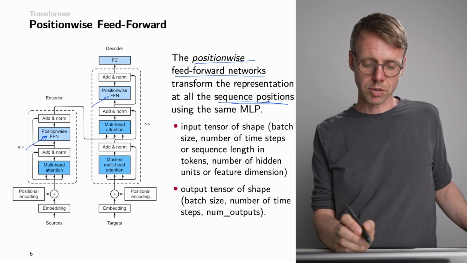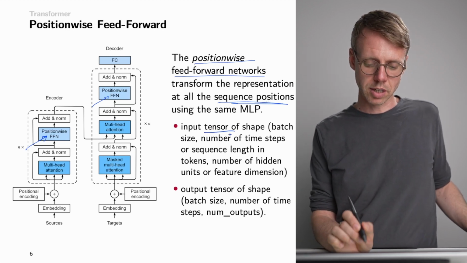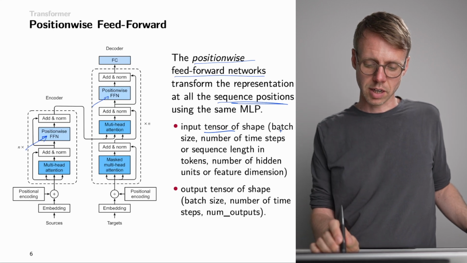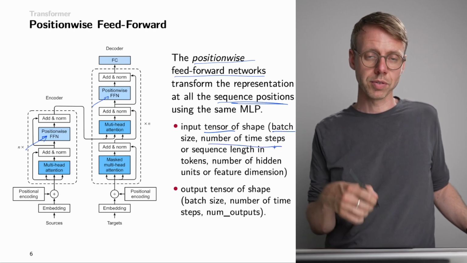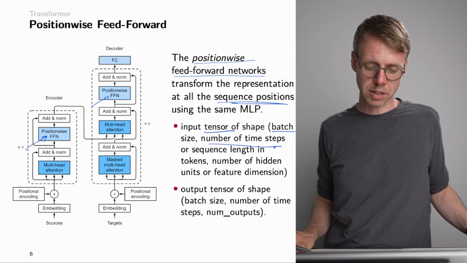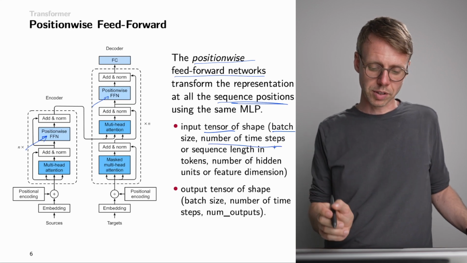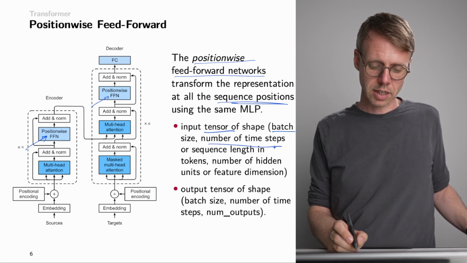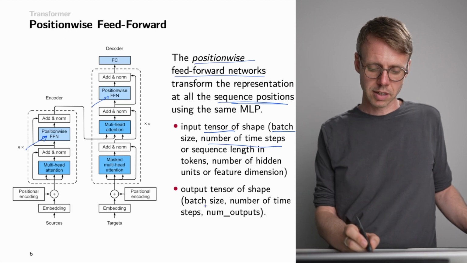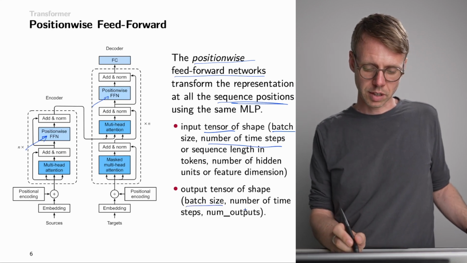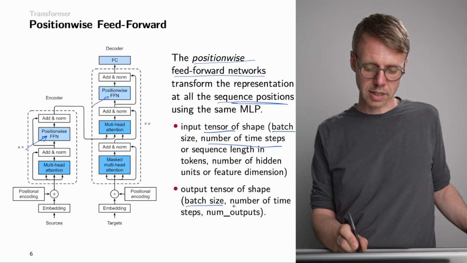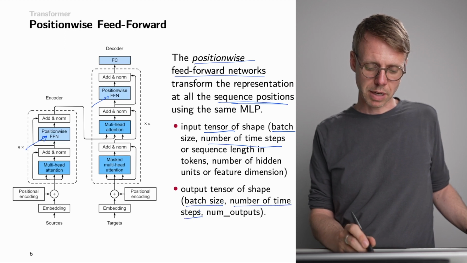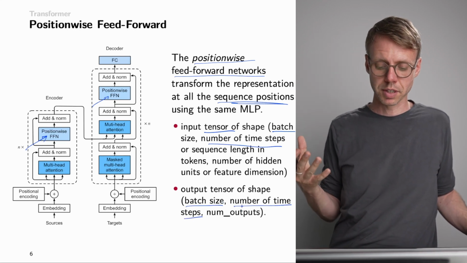They basically transform an input tensor that has the size batch size times number of sequence time steps and all of those feature dimensions into an output tensor of the same batch size and the same number of time steps, but might have a different number of output dimensions.